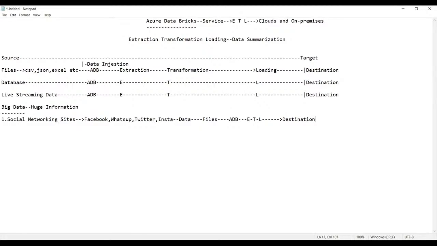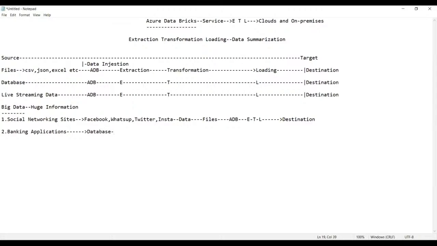Okay, guys, next, apart from this, we can also get the data from banking applications. In banking applications the data will be stored in the form of databases only.